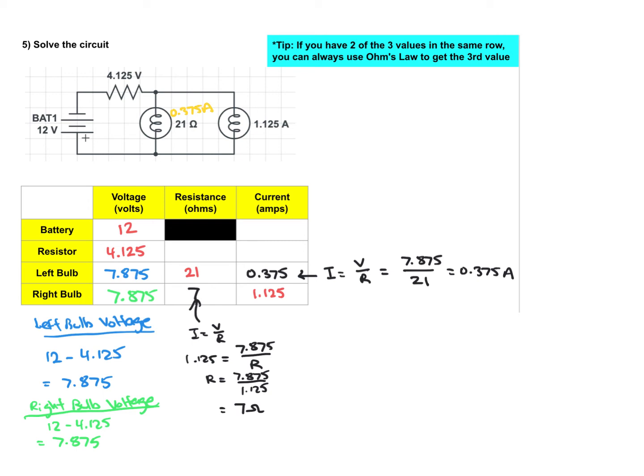That would be a current. That would be how much current is coming down the middle path. Whereas the amount of current going towards the right is 1.125 amps. You can see that in the other light bulb. It's labeled.